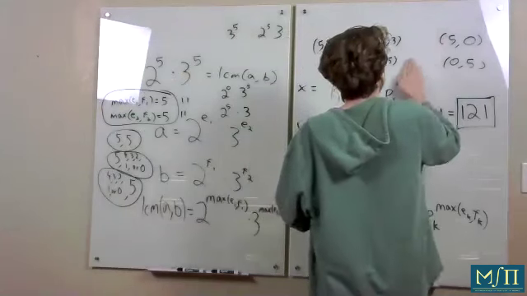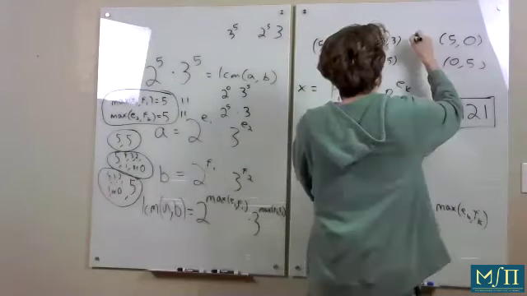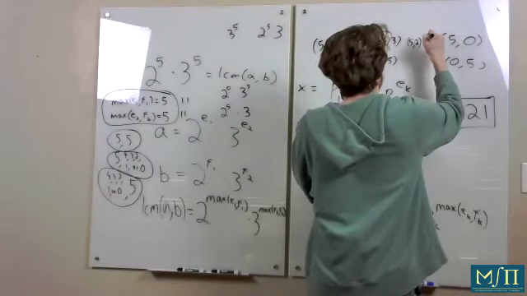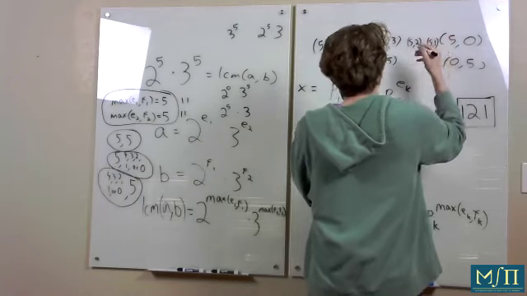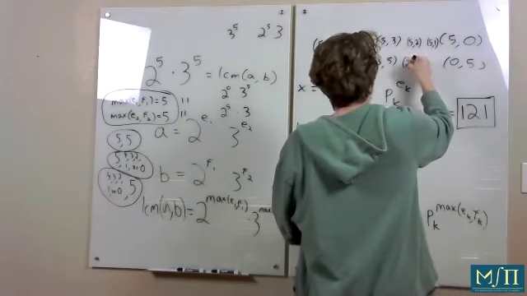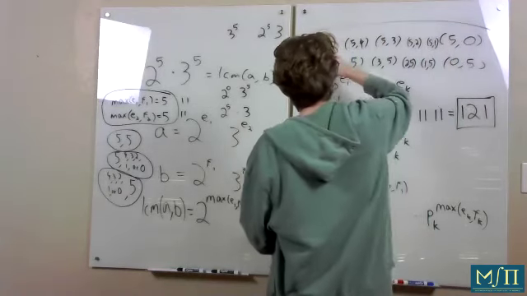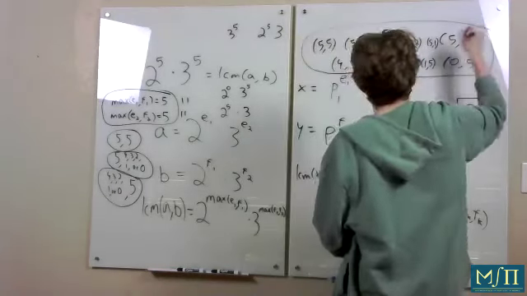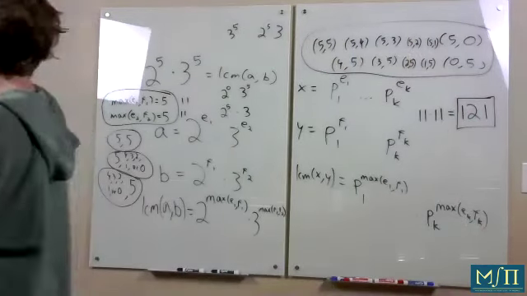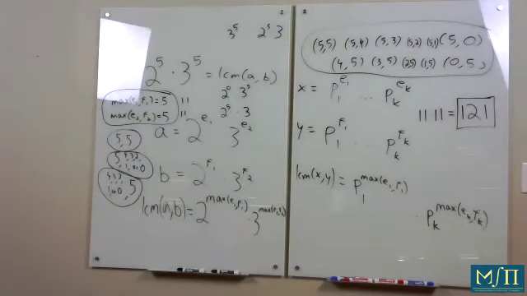I'll get rid of the dot there. So this is the ordered pairs of exponents, and these are the possible choices for the ordered pairs of exponents on the 2s. And then separately, we have the ordered pairs of exponents on the 3s.